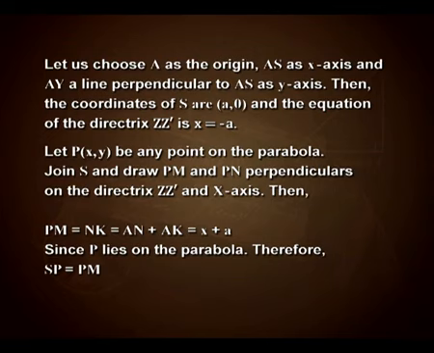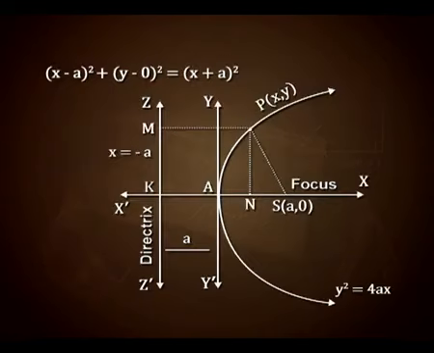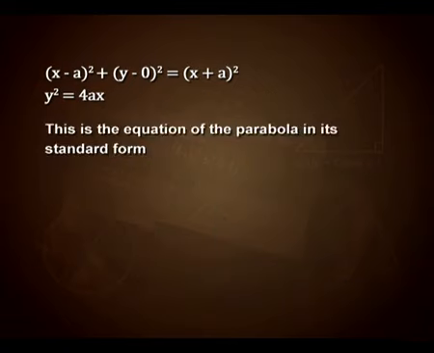On squaring both the sides, we have SP square is equal to PM square, which can be simplified as (x minus a) whole square plus (y minus 0) whole square is equal to (x plus a) whole square, which on simplification gives us y square is equal to 4ax. This is the equation of the parabola in its standard form.